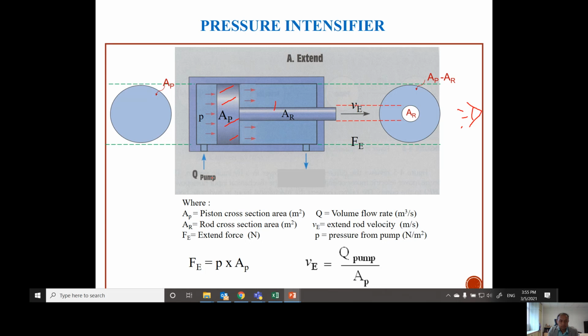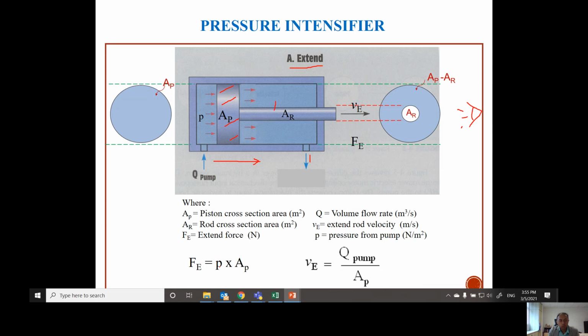So you can see that during extension means that the flow from the pump is coming from the blank end here in this direction and then goes out in this direction. So during this time, if you want to calculate the force during extension, the force is from Pascal's law.